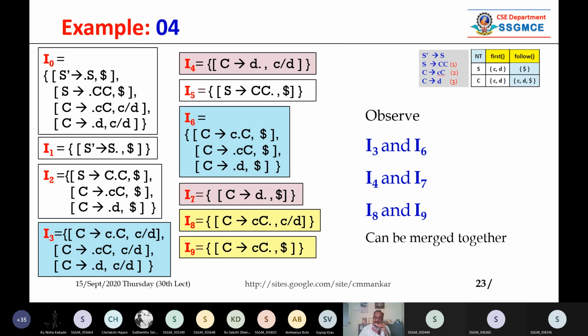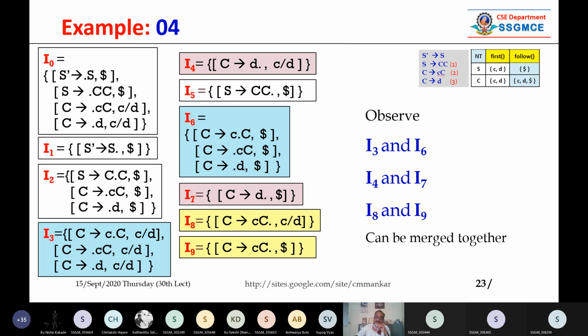But if there is a situation like this, I3 and I6, then you can group them into one state. You can make I36 as one state. Now there is one more pair, I4 and I7. It is in a purple shade. I don't know whether you are able to see it or not, but it is in purple color.